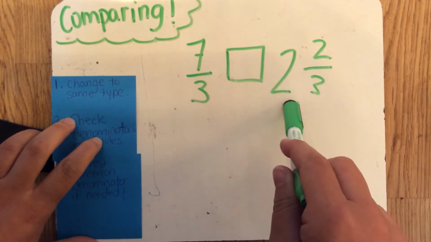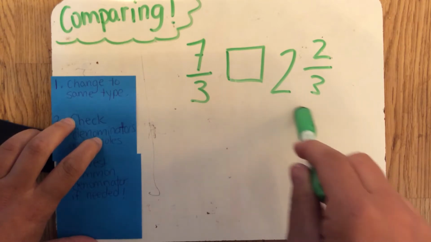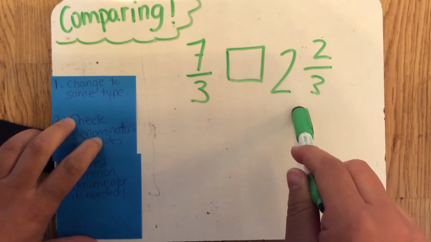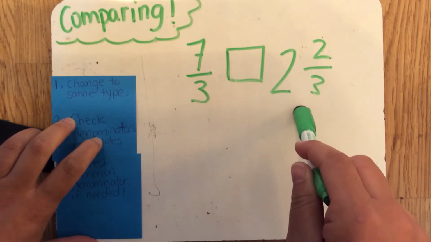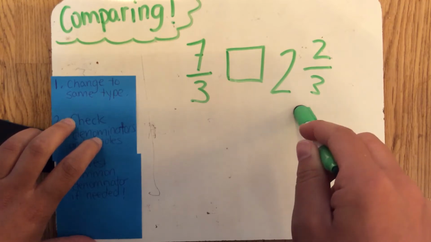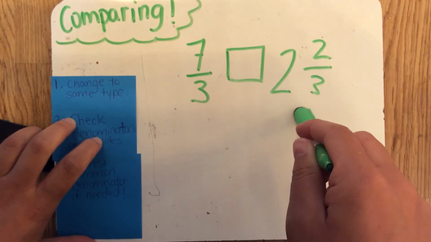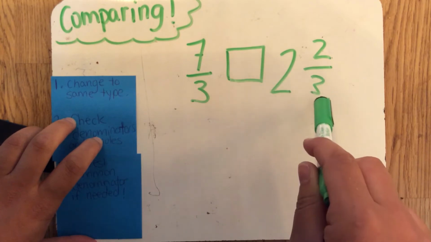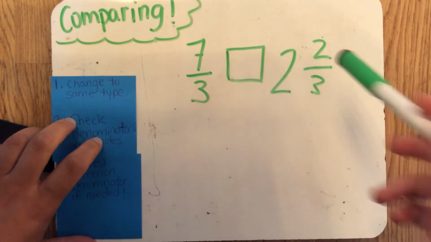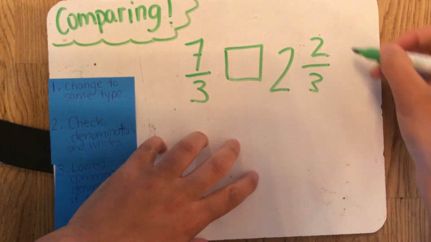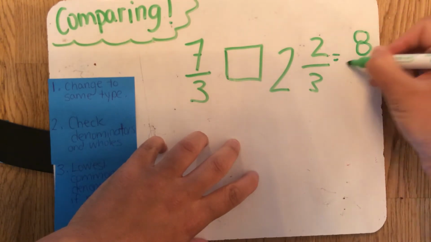So to make it improper, a skill you should have worked on by now. If you still aren't comfortable with that, make sure you've watched those videos and done the work attached. Okay, so this is 2 times 3 plus 2. We know that's 8/3.